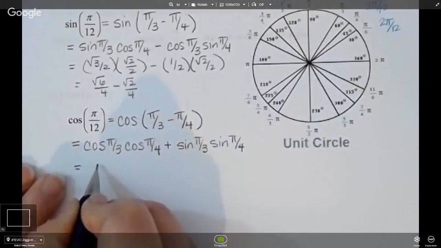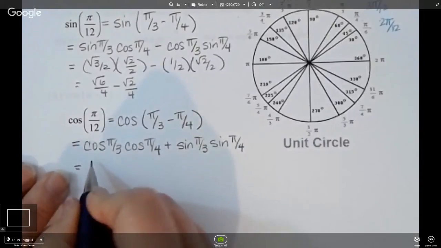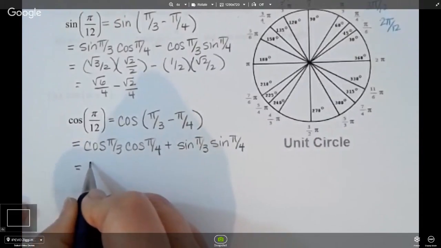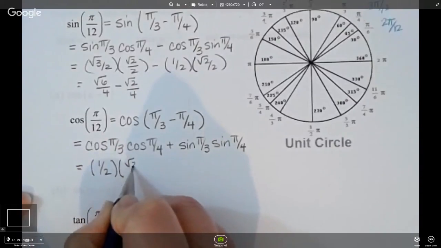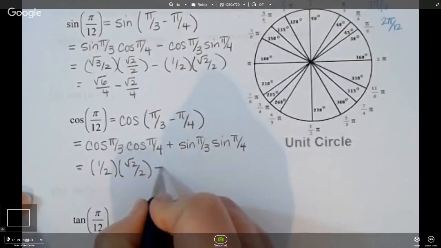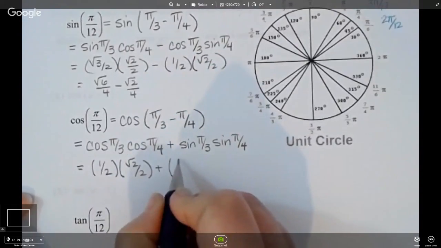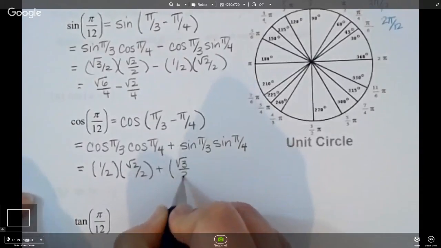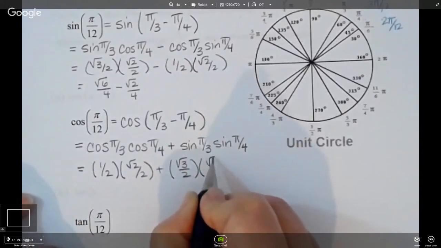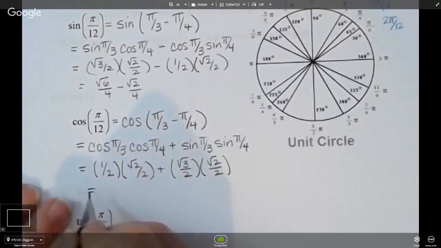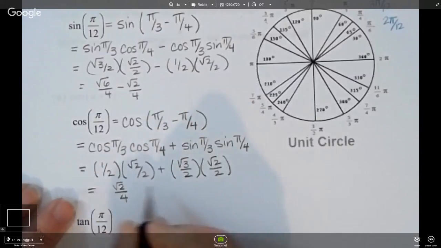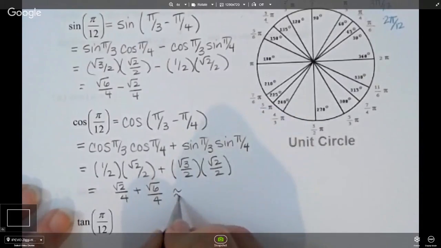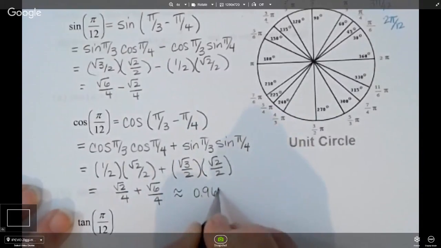So let's evaluate these numbers on the unit circle. This is the cosine of pi over 3, which happens to be 1/2. The cosine of pi over 4, which is root 2 over 2, plus the sine of pi over 3, which is root 3 over 2, and the sine of pi over 4, which is root 2 over 2. So if we were to calculate this, we get root 2 over 4 plus root 6 over 4, which we say is approximately on the calculator 0.9659.